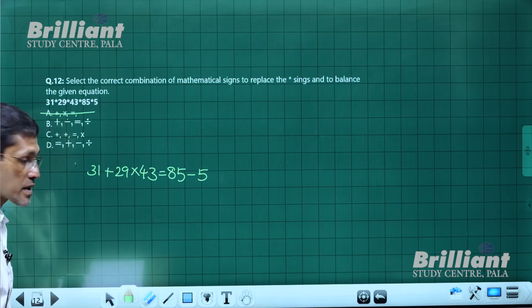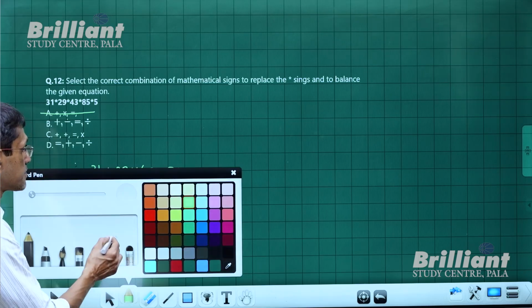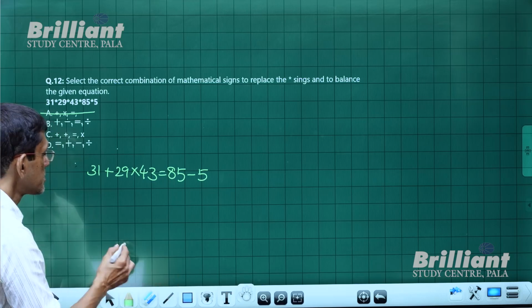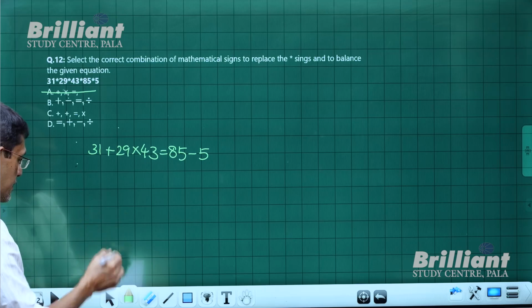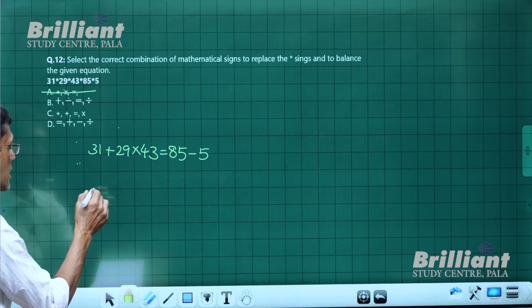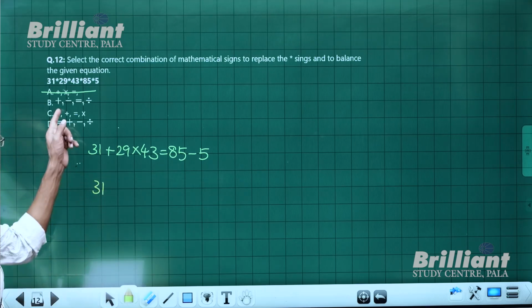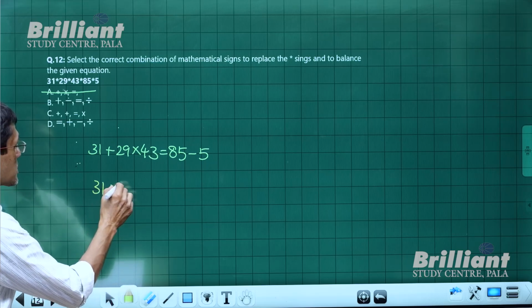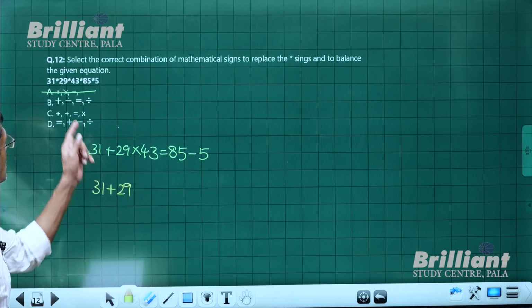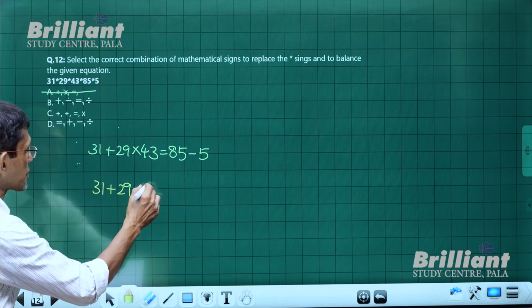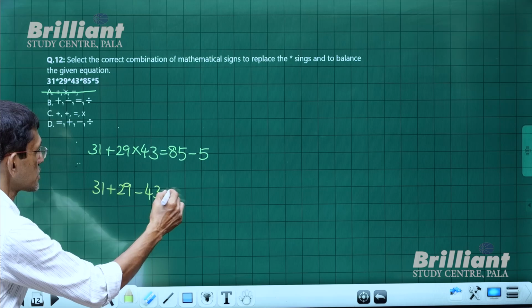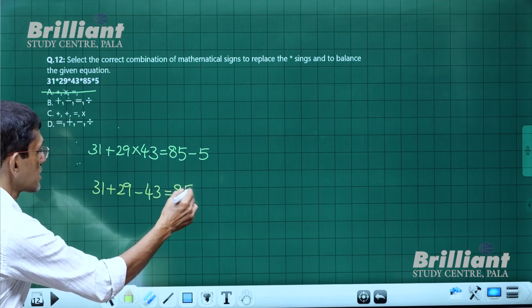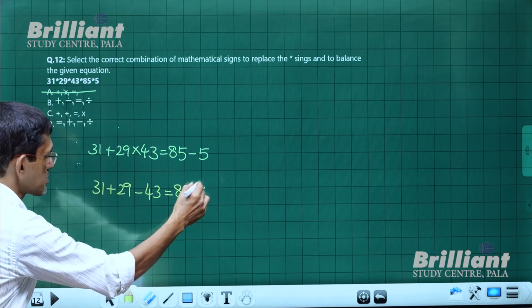Now we'll take a look at the second answer choice. Again we'll start from 31, plus 29, and this is minus 43, and here it is equal to 85 divided by 5.